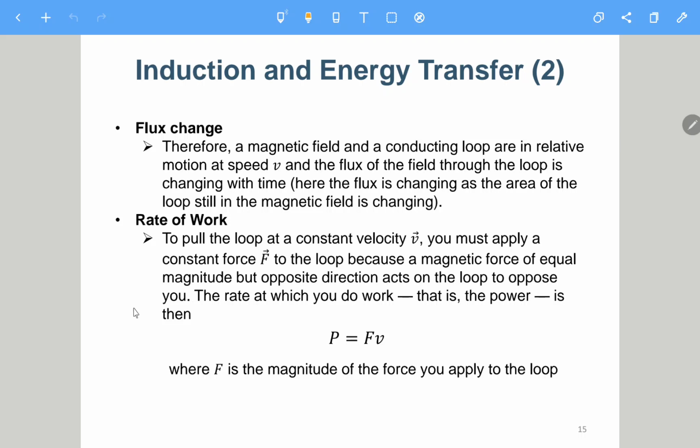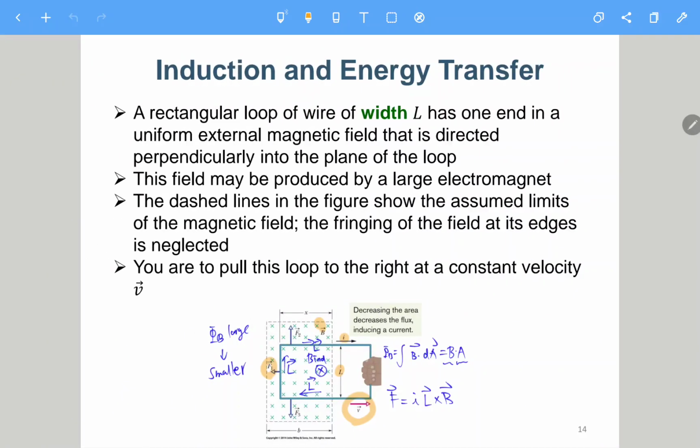Here we also mentioned that the movement is at a constant velocity, so your force and this force should be equal, so that there will be no net force. If there is a net force, there will be F equals ma, from Newton's second law of motion. But here, as this movement is constant velocity, the net force should be 0, which means that the force you apply should be equal to F1.